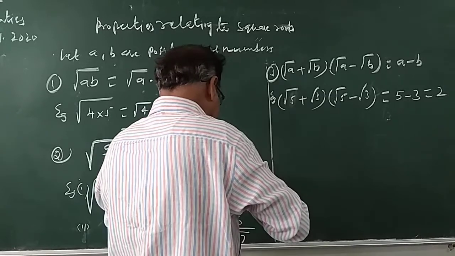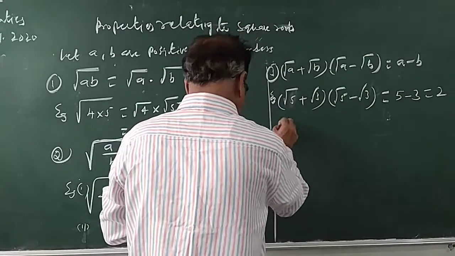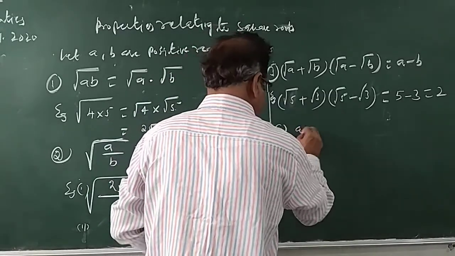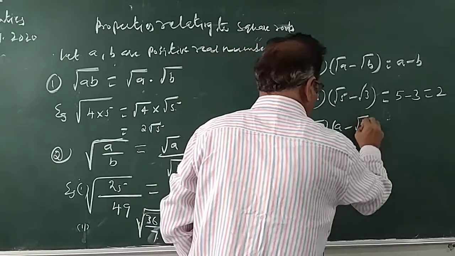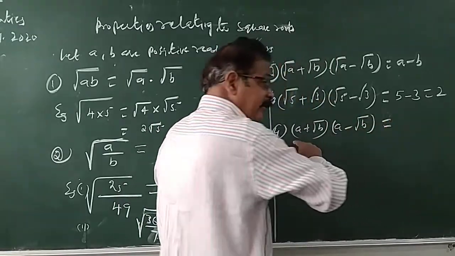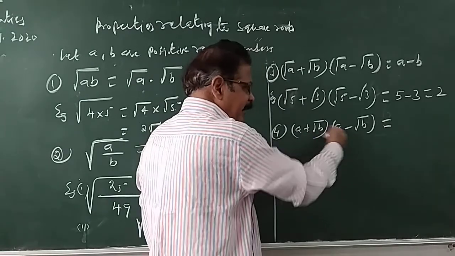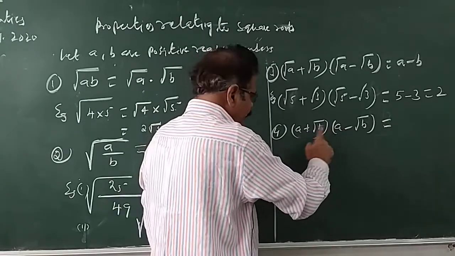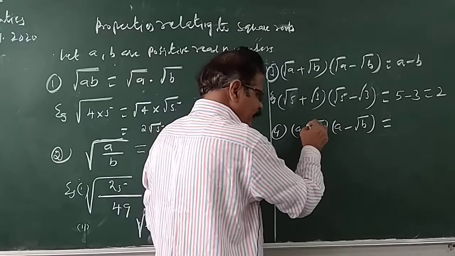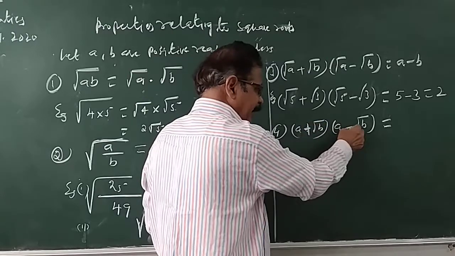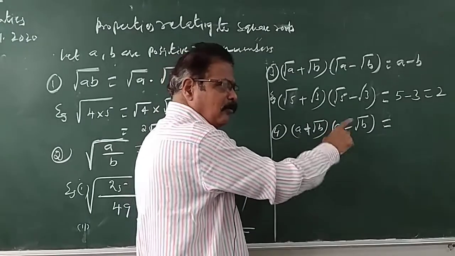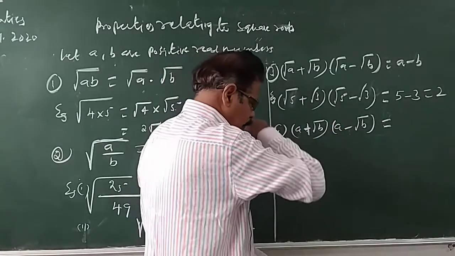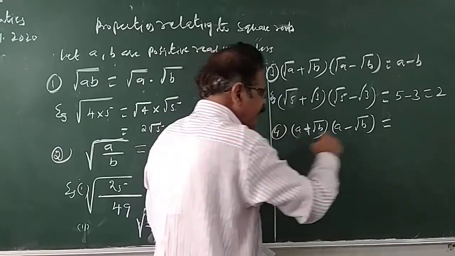Next, the fourth property is A plus root B into A minus root B. Here the square root is not there on A, and we have the same terms with different signs, one plus and one minus. Then we apply A square minus B. When the square root is there, no square; when the square root is not there, you write the square.